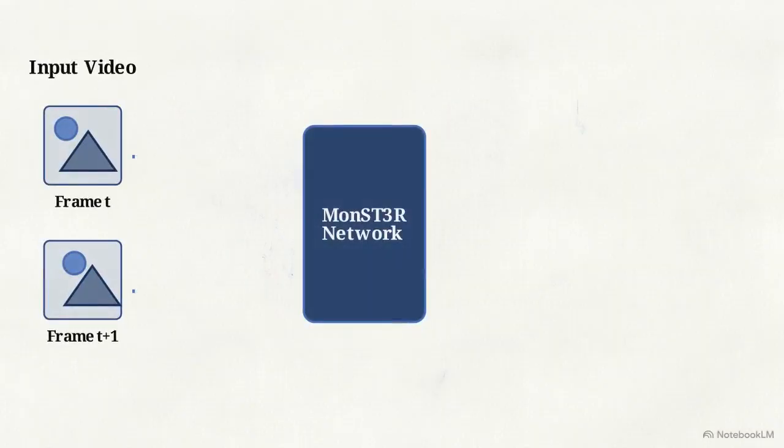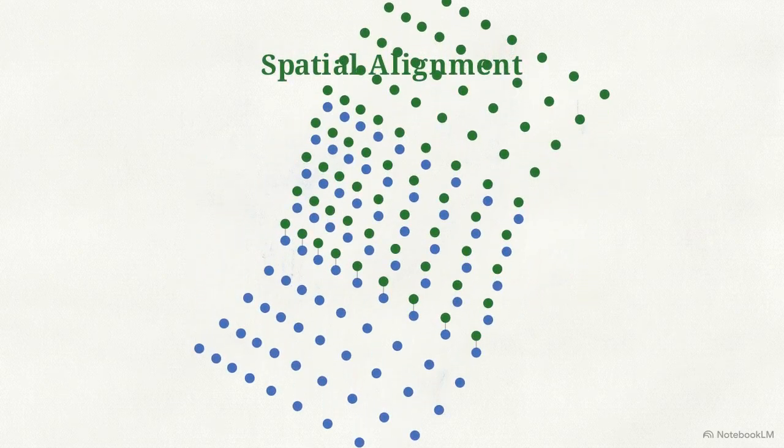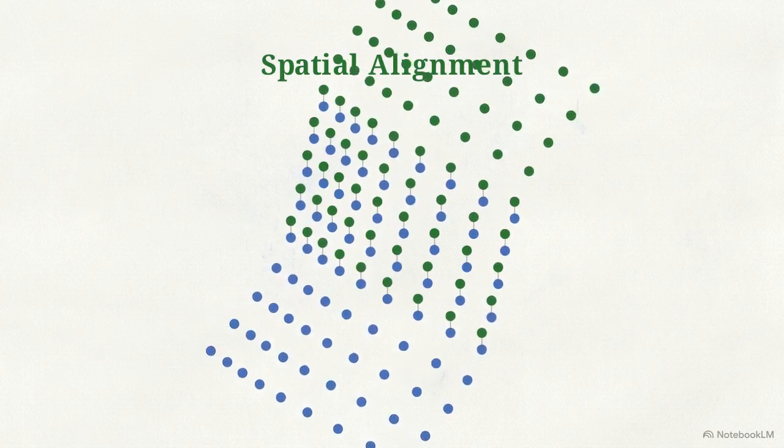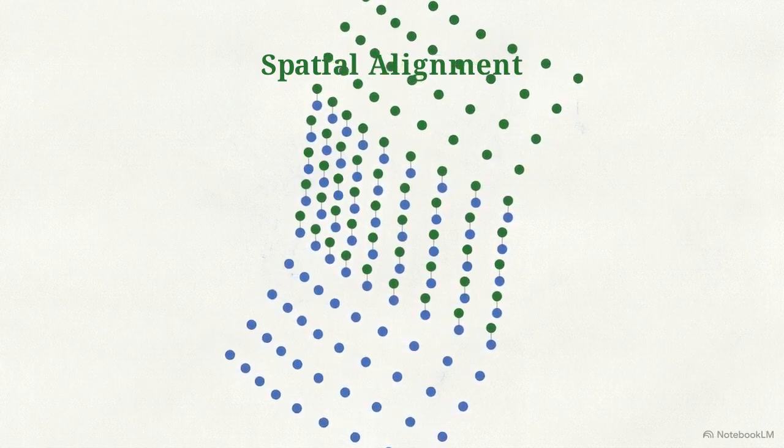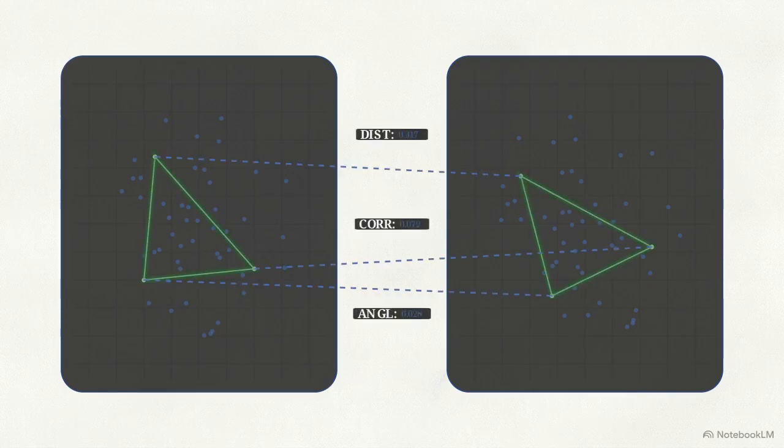Tracing the MonST3R network architecture, the path flows from input video frames straight to point map generation. Zooming in on the temporal alignment mechanism, the network aligns independent time steps spatially without using optical flow vectors. The mathematical intuition here is correlation. The network aligns frames by matching stable structural features across time, comparing the spatial relationships within the point maps rather than tracking shifting pixels.